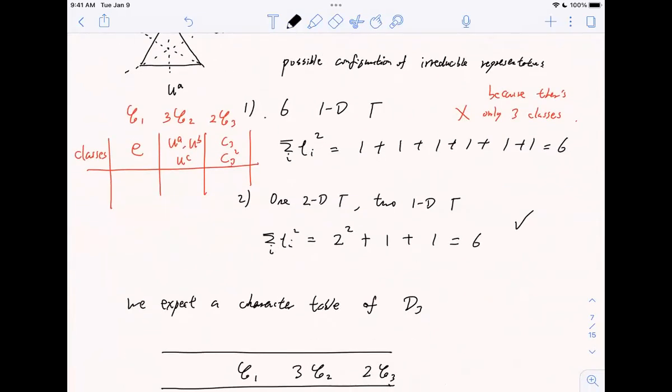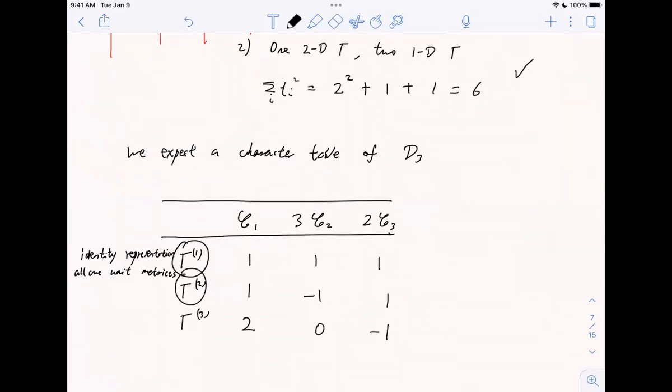Then by using the second rule, this is the only configuration, because all these must be positive non-zero integers. The only way you can make this equal to 6 with 3 numbers is 2 squared plus 1 plus 1. That's the only possibility. Then you will know that in this group, you will have 2 1D representations and 1 2D representation.